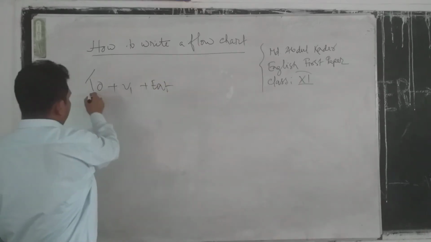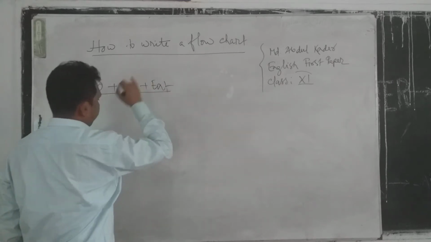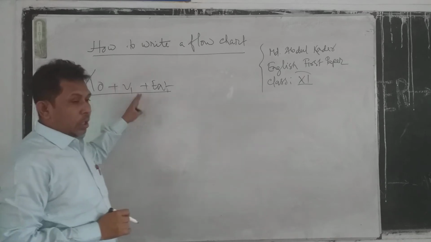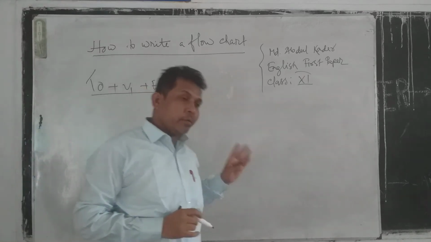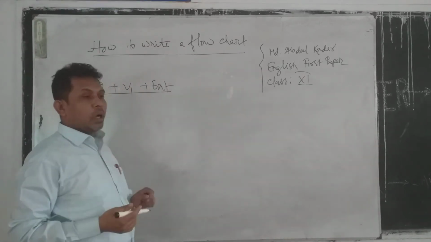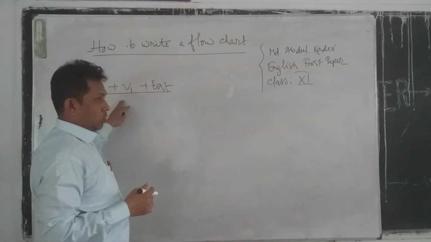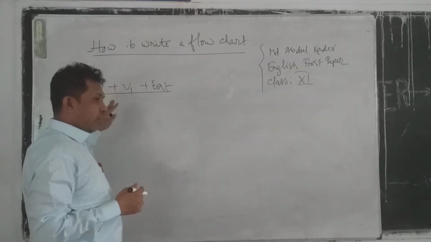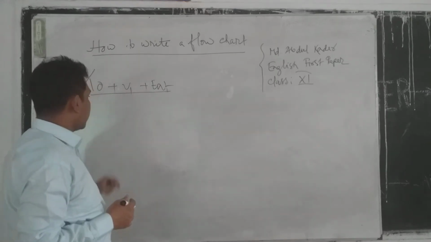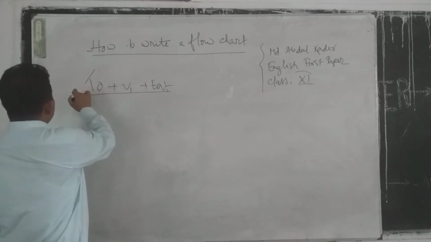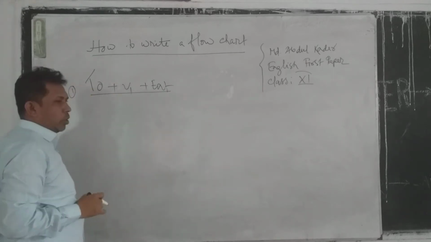In this manner you can have the first box. So you should write down another 5 boxes according to the first box given in the question paper.